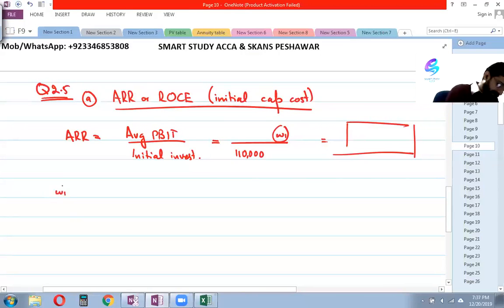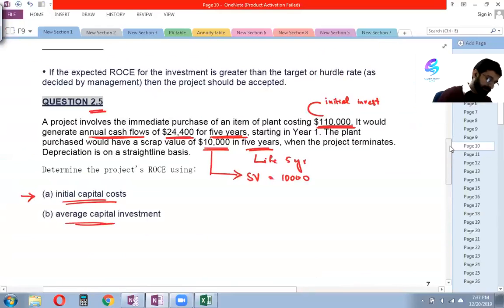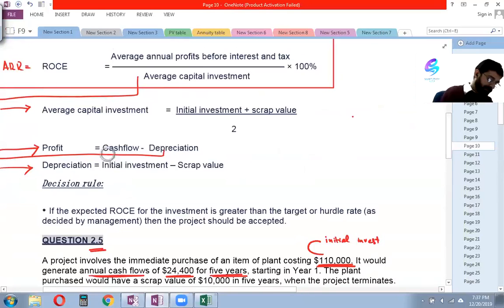So let's do it. Average PBIT. PBIT is the profit, and we don't have the profit, but we do have the cash flows. So we can use this formula to convert the cash flows into profit.